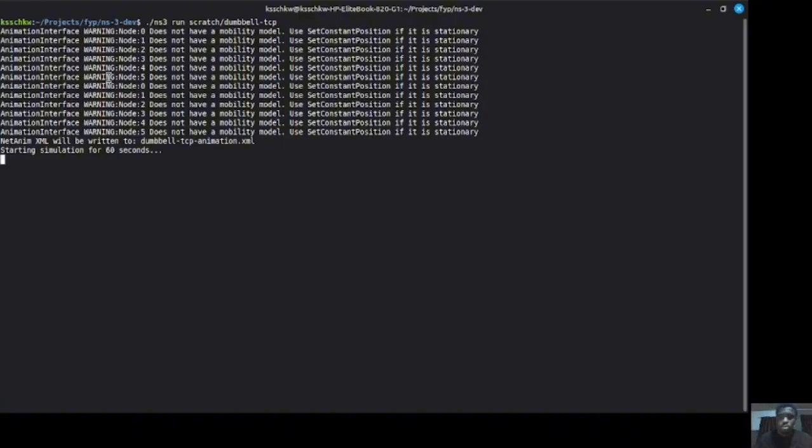Just going to speed that up. Both senders are greedy, so they will try to send as much data as possible the whole time. The simulation is going to produce two files: the FlowMonitor XML with all the statistics, and the NetAnim XML for the animation, so I can visualize it. I'm just going to show you the results.